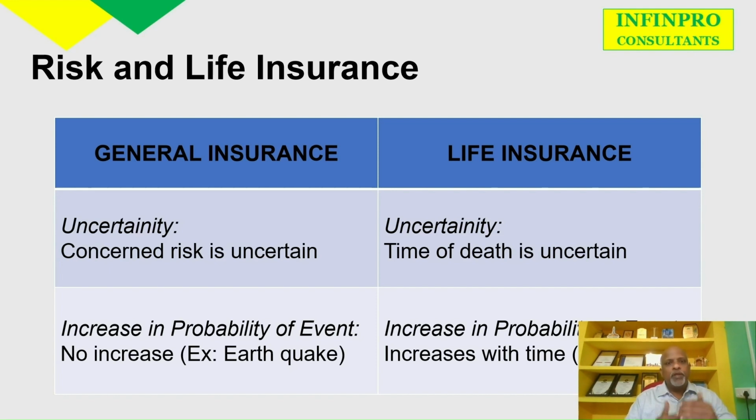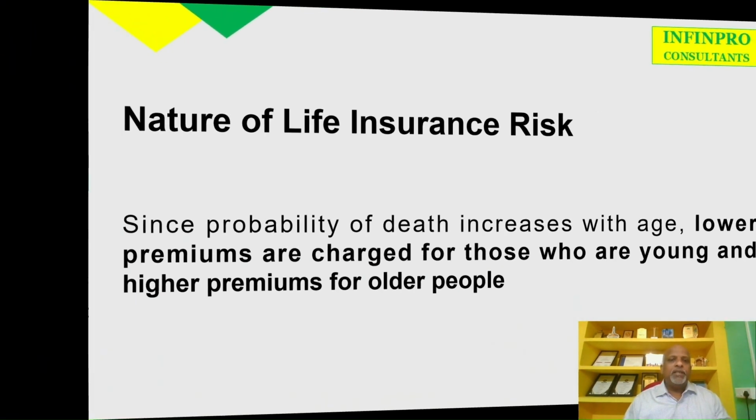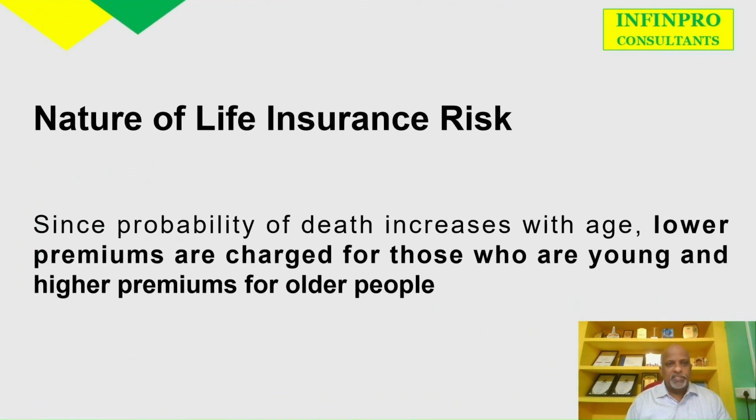How is the increase of probability of event by time, right? By time in life insurance we know that as age increases, the probability of the risk, which is death, increases. Whereas in a general insurance contract there is no specific increase in risk, be it accident, earthquake, fire. There is no specific increase by the time of the policy.